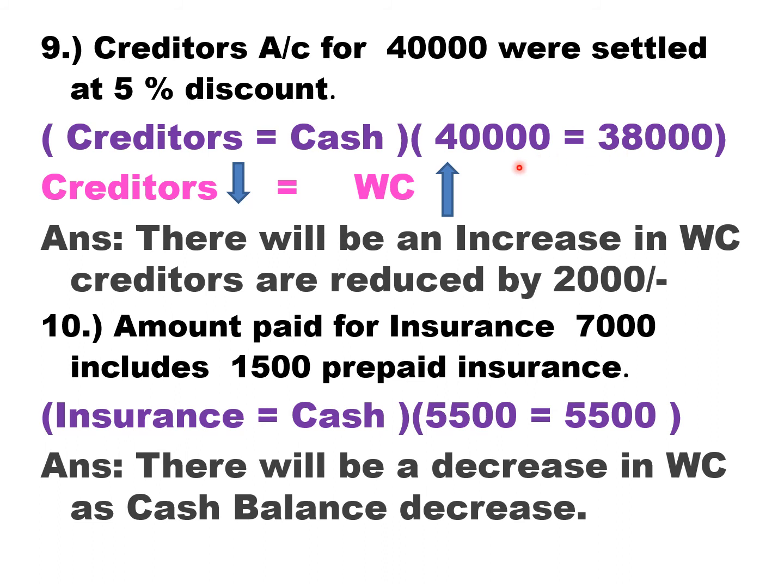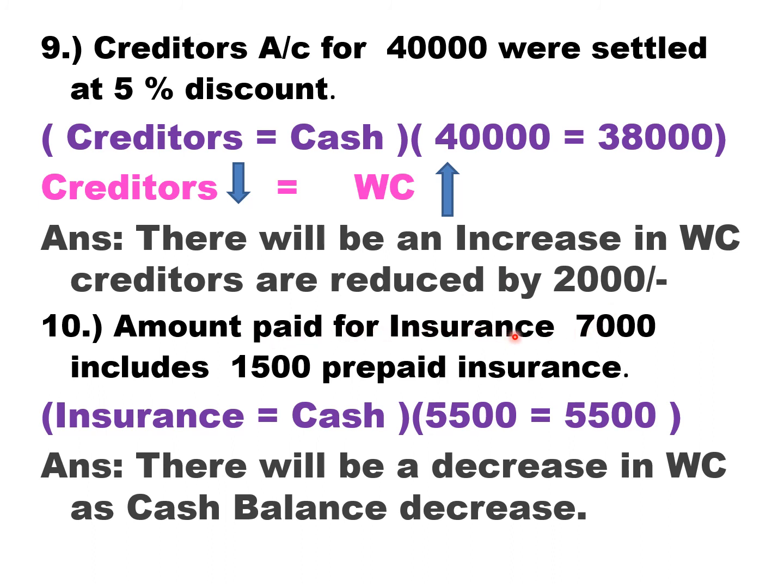So net is 2,000. That means creditor decreases by 2,000, extra. So decrease in creditor will result in increase in working capital. So answer: there will be an increase in working capital as creditors are reduced by 2,000.